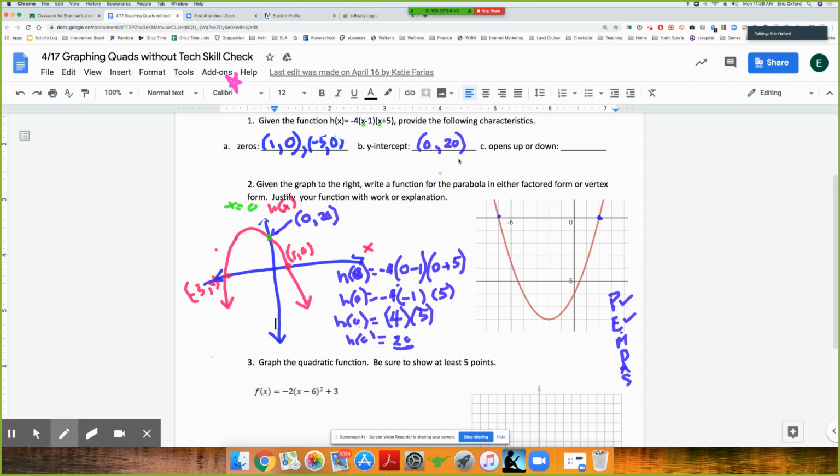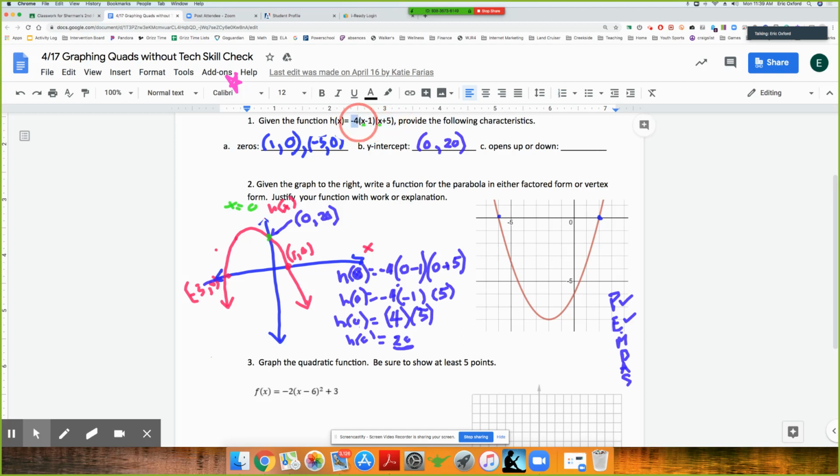Okay. And now we're going to do letter C right here. Does this open up or down? We drew a picture of it, but it opens down, and that's because the number that's in the front here is a negative, and that leading value is the number that leads in front of these other values.